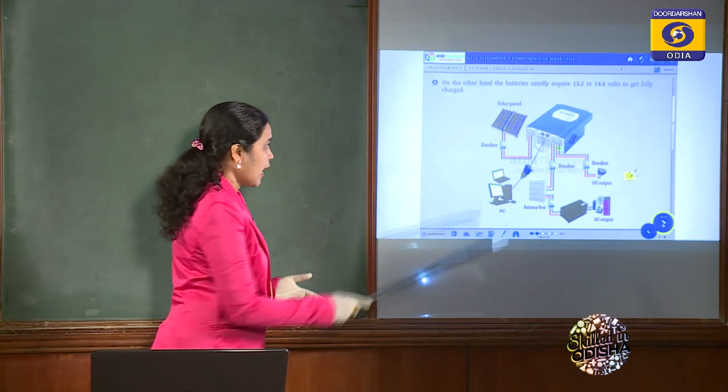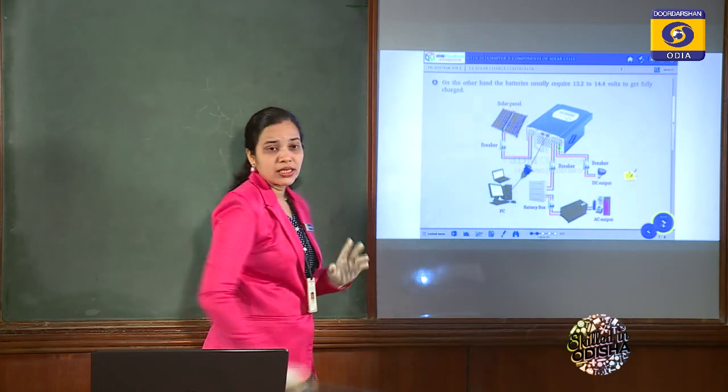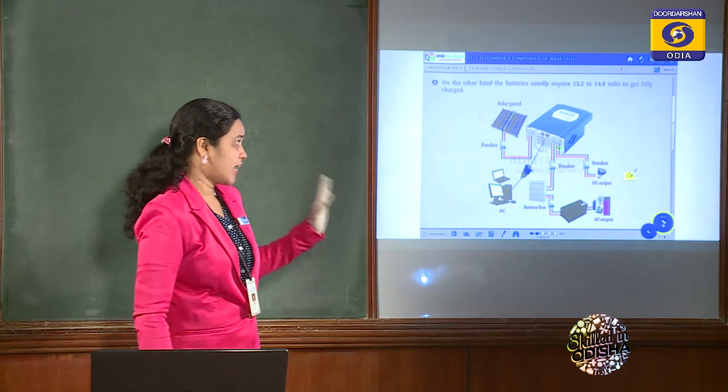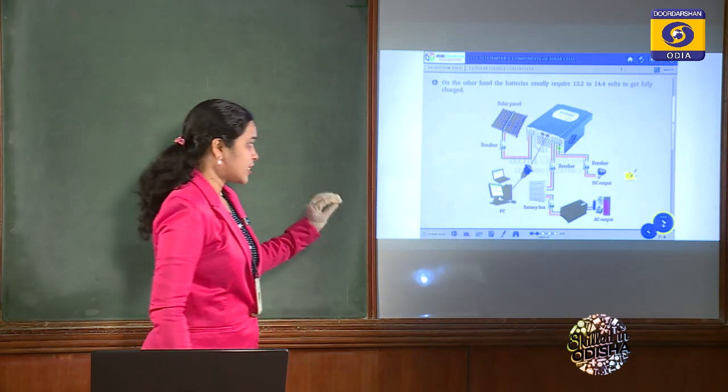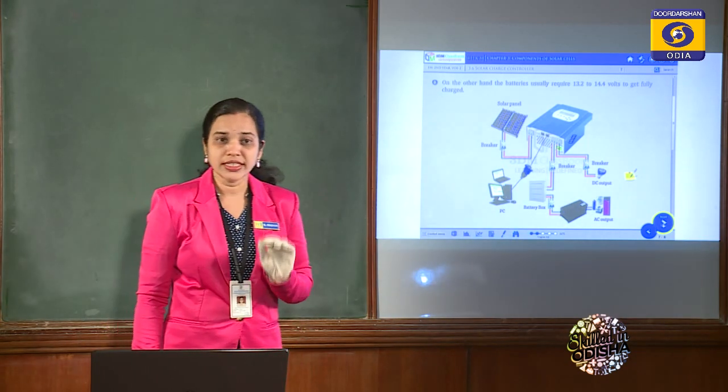The solar charge controller plays three important roles. First of all, it gives a constant charging voltage to the battery by which the battery charges continuously without any harm.